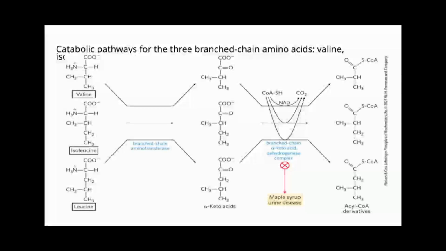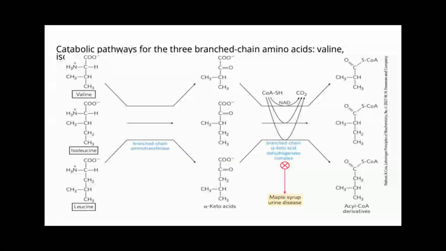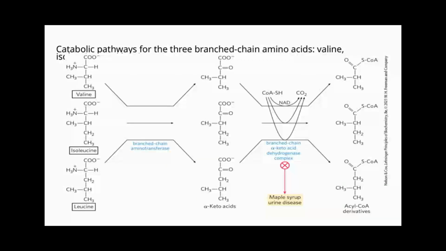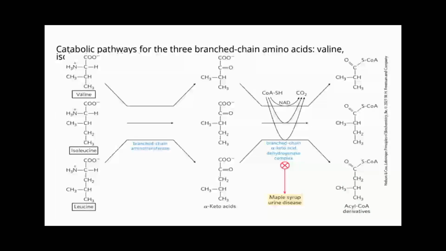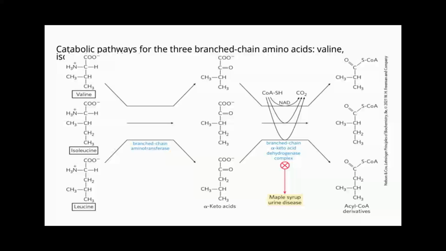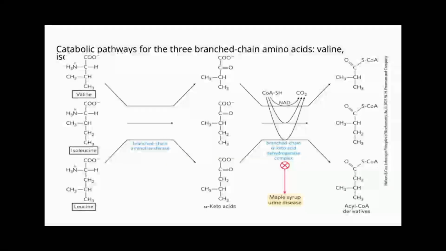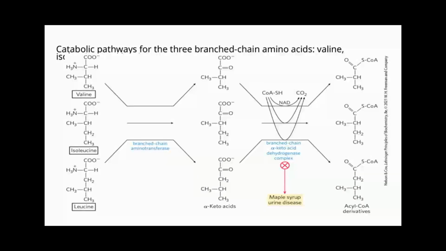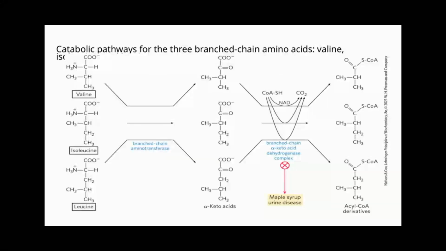These pathways are interconnected with other metabolic processes, illustrating how amino acids contribute beyond just protein synthesis. They also serve as vital energy sources, especially during fasting or intense exercise. Recognizing these pathways helps us understand their importance in maintaining metabolic balance and how disruptions might lead to metabolic disorders.